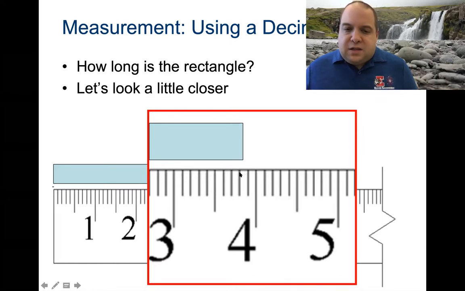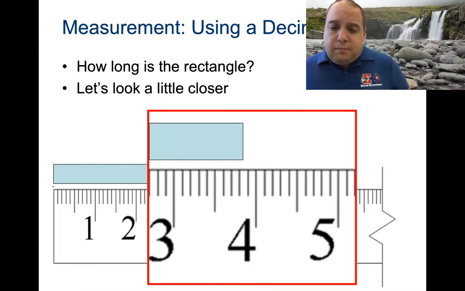If it is closest to this line, it might be a 0, 1, or 2. If it's closest to the other line, it might be a 7, 8, or 9. And if you feel it's in the middle, that would probably be a 4, 5, or 6. Depending on where this is landing, visually just looking at it, I'd say that's probably a 3 or a 4, based off of how big that is.